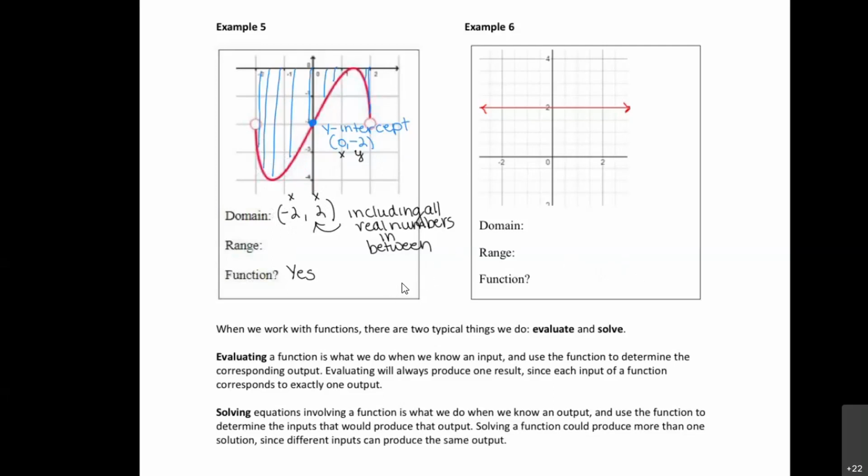Okay, let's take a look then at the range in this function. We're going to look at the y values. So again, if we ride along the curve and we look back at the y-axis, what can we see? I'm going all the way down here, and then I'm coming back up again, and then I can see these, and then I can see them again.